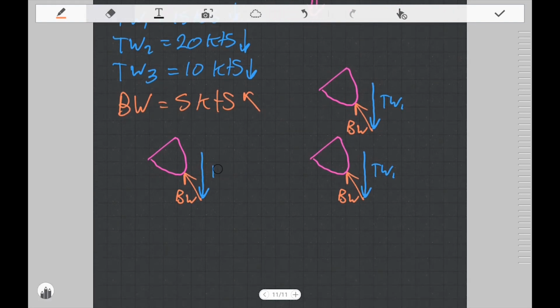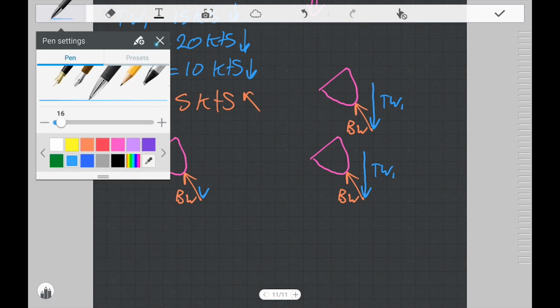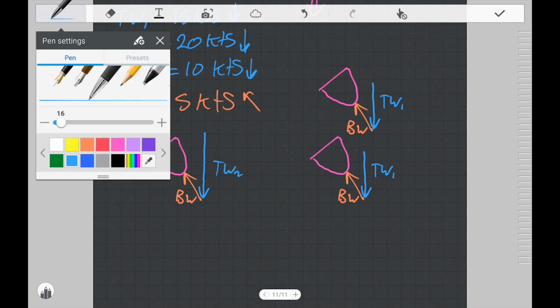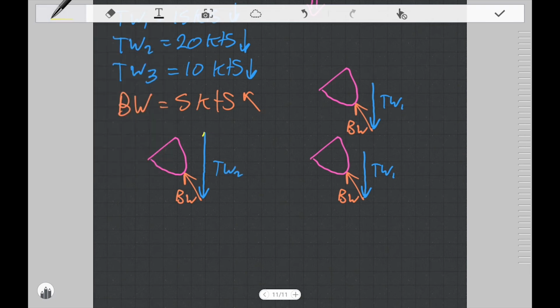Our second true wind is just a longer true wind. So I'll draw this at 20. 1, 2, 3, 4 is 20. And we can get our apparent wind from that.